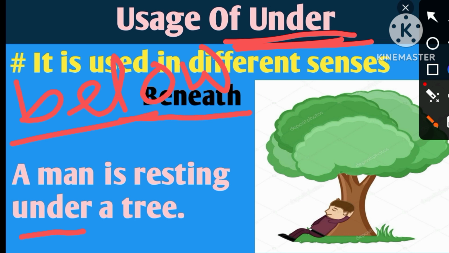Under is the preposition, and after that we have provided a noun, and this noun is the object of under, and jointly it has become a phrase which will be called a prepositional phrase. And if you ask the verb resting by where, you will get the answer. It means this prepositional phrase is acting like an adverb in this sentence.